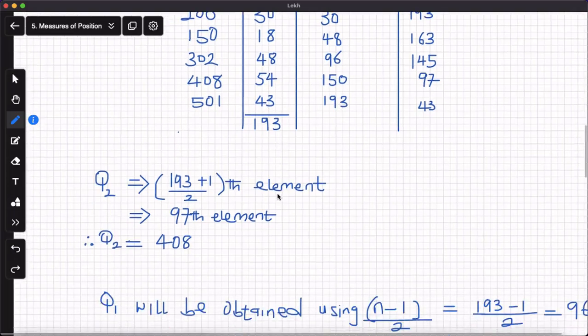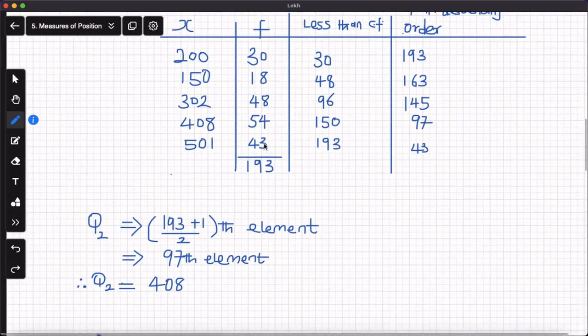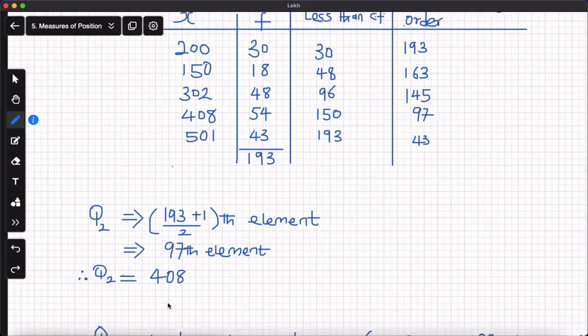So the 97th element happens to be 408. How? This is going to be the 96th element, so we are going to repeat 408 54 times. So the 97th to the 150th element will be 408. So definitely the 97th element is 408, and that happens to be our Q2.